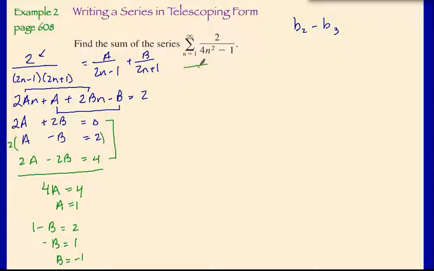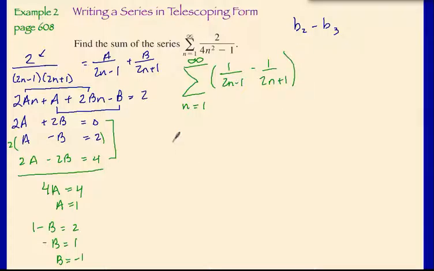Now, let's rewrite this series. The sum, as n goes from 1 to infinity, of A is equal to 1, so we're going to have 1 over 2n minus 1 plus, or actually since it's a negative 1 there, we'll go ahead and write minus 1 over 2n plus 1.